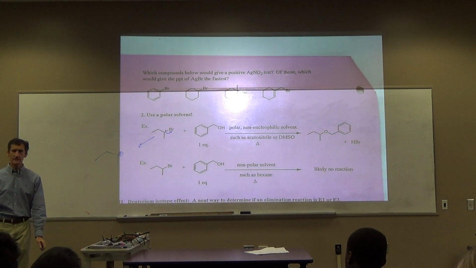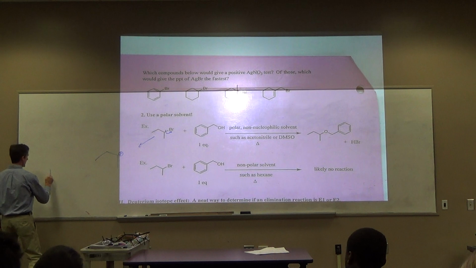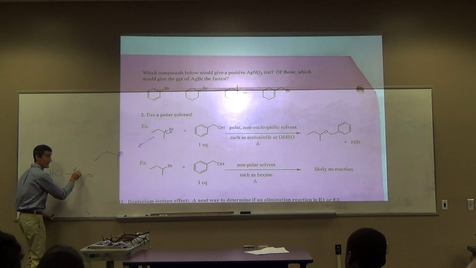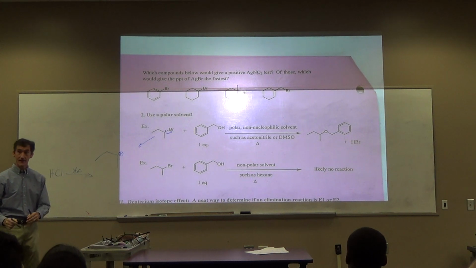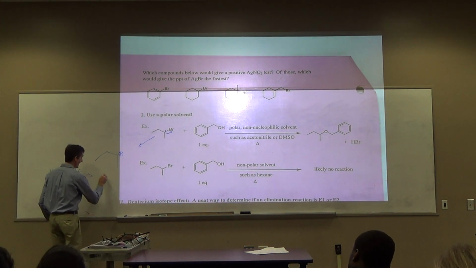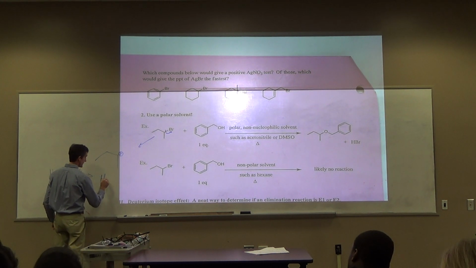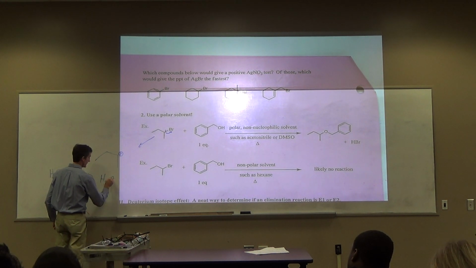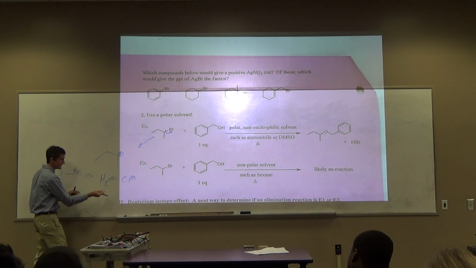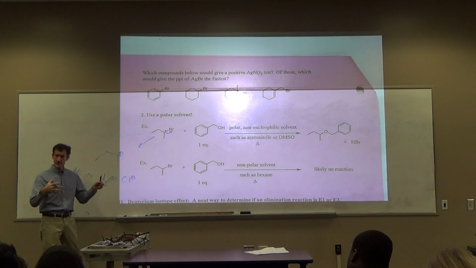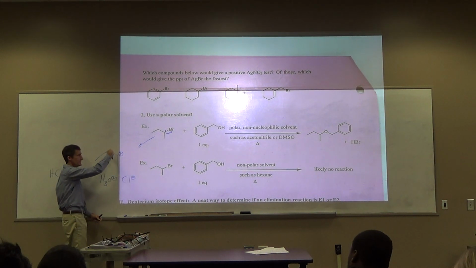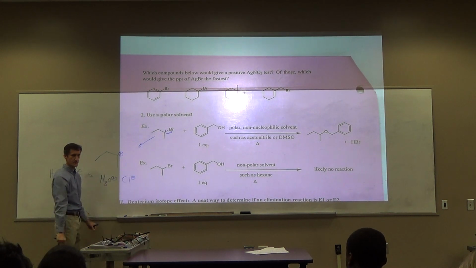Polar solvents facilitate polarization. What happens when you put HCl into water? It ionizes because it's in a polar medium. And you get these ions, H plus and Cl minus. And then the polar water starts loving these, hugging them. IMFs, right? The polar solvent will start giving this some love and good IMFs.